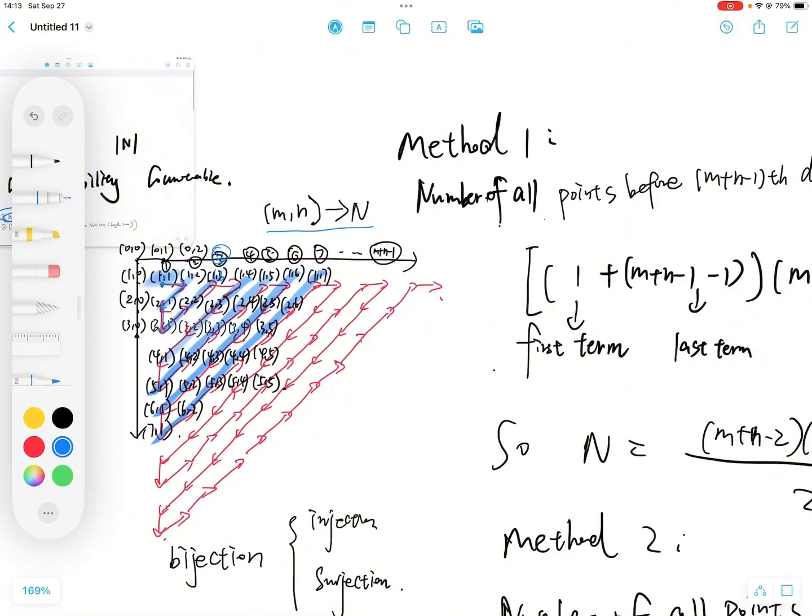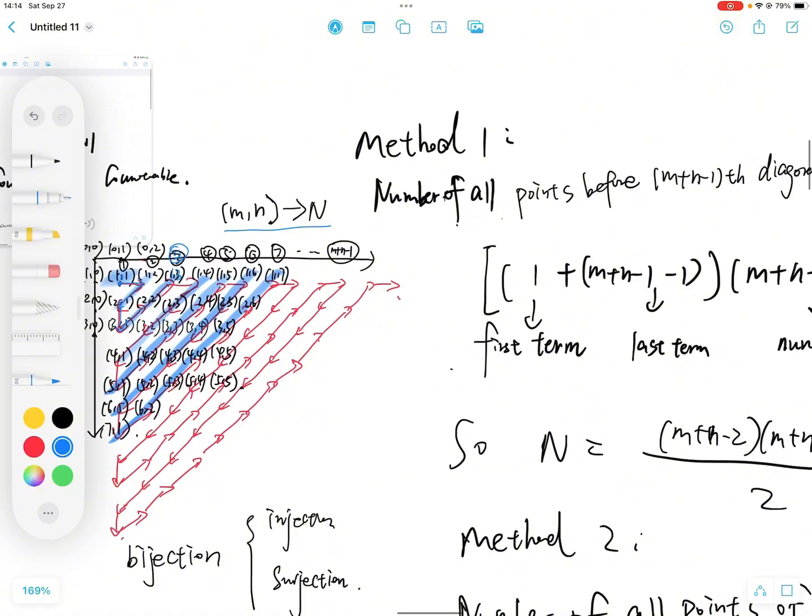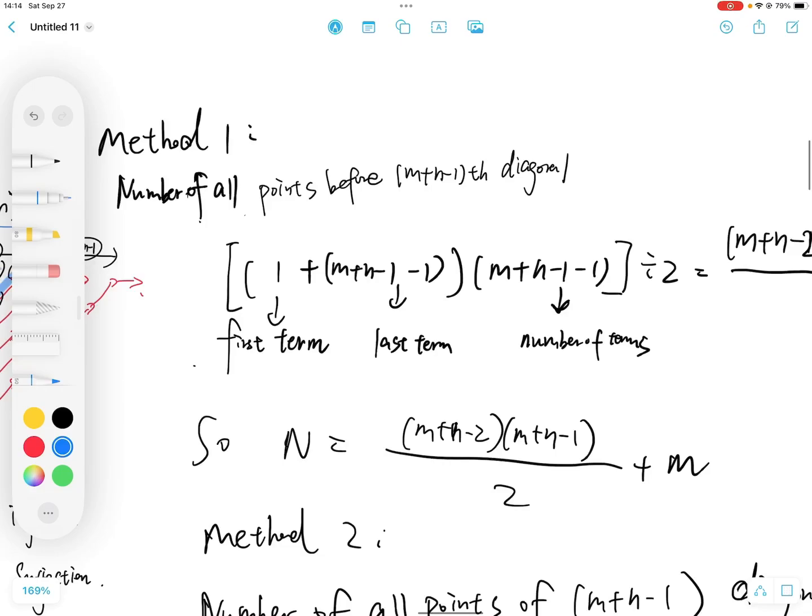It's like 1 plus 2 plus 3 is an arithmetic progression. 1 plus 2 plus 3 plus up to m plus n minus 1, and I use this formula, which is the first term plus the last term times the number of terms over 2.